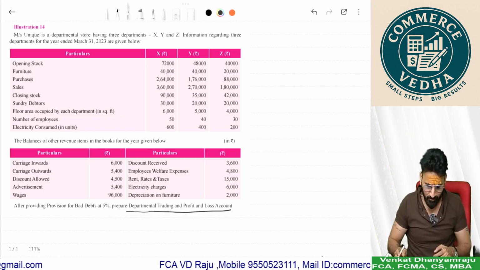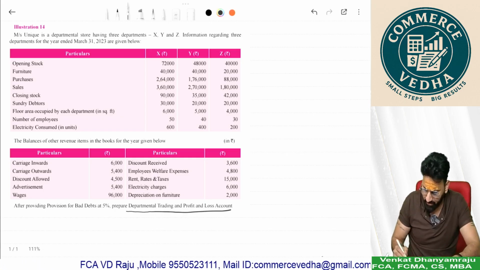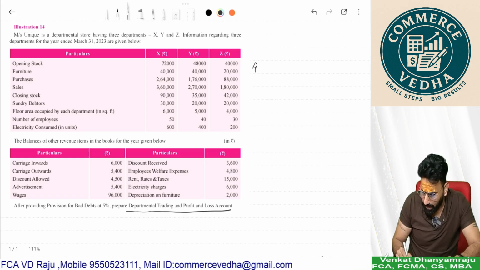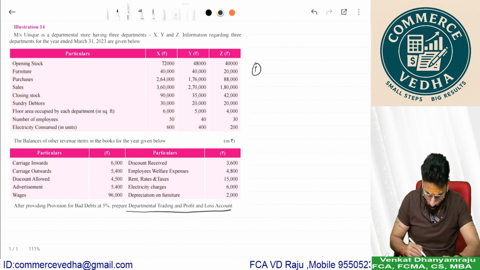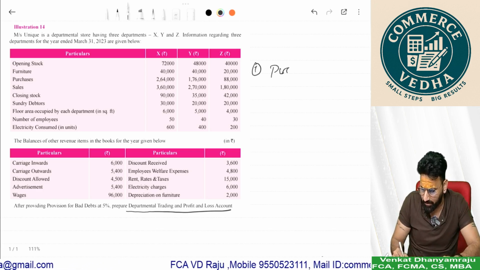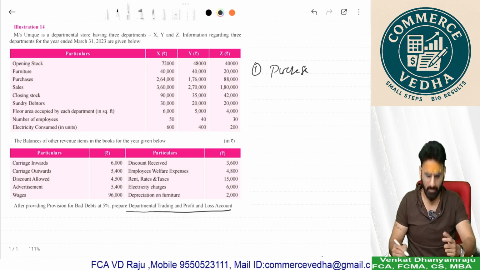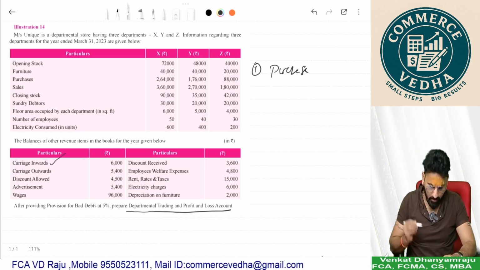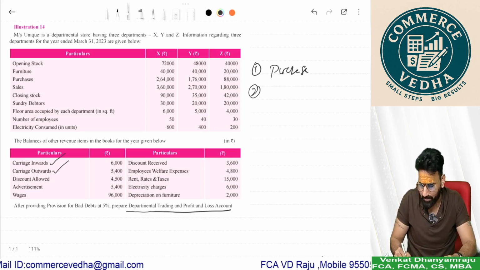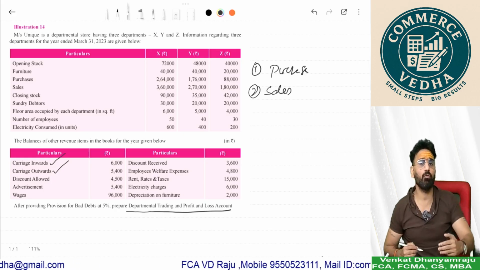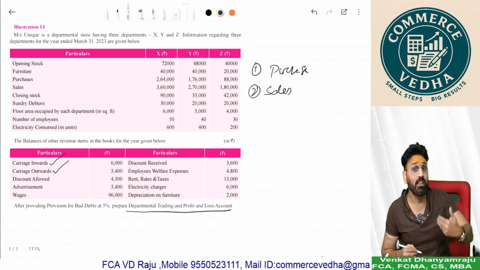Now, carriage inwards is for purchases, so you need to identify purchases as the basis to allocate carriage inwards. And carriage outwards is for sales, because you want to sell; that's the reason you are sending them out.